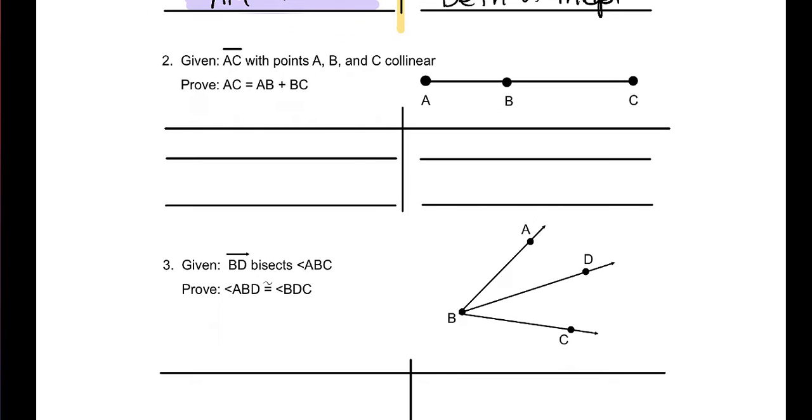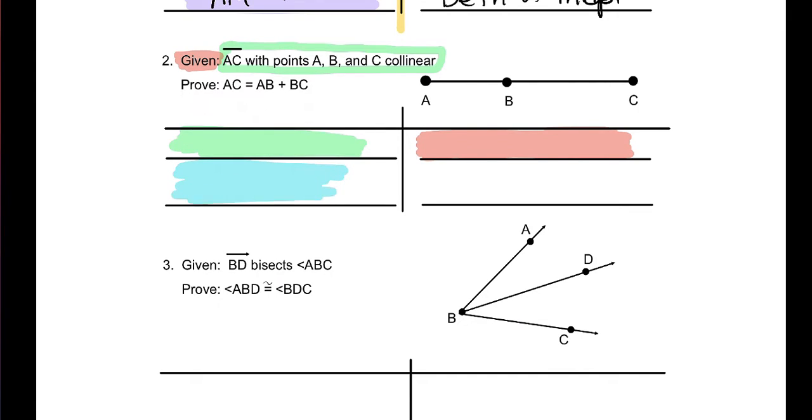Let's look at the second one together as well. Again, looking through our freebies, we have given information that we write in the first statement. The first reason will be given, because they told us that. Some of the given information on this worksheet are things that we can know from looking at the picture, that we won't necessarily be told in the future. But in order to make some very basic proofs, I occasionally had to make the given something very basic.